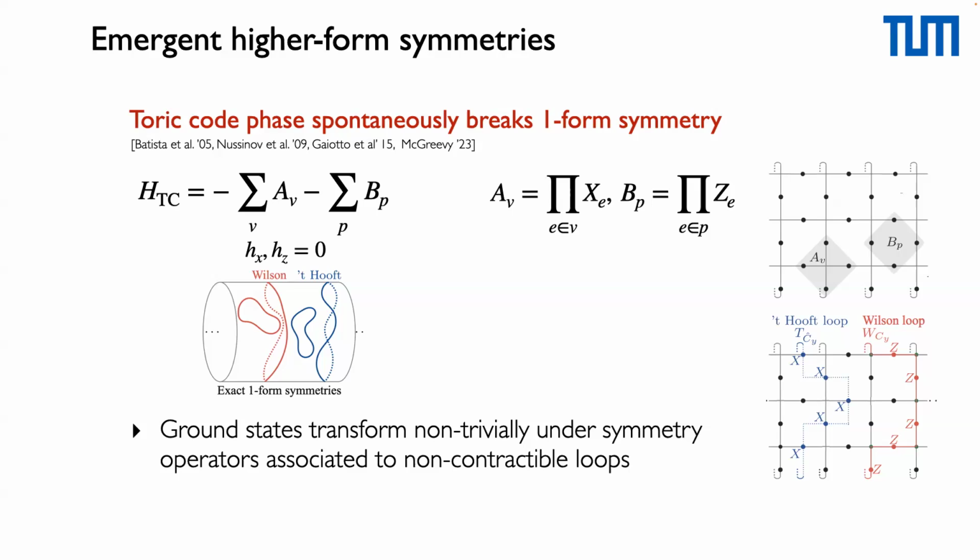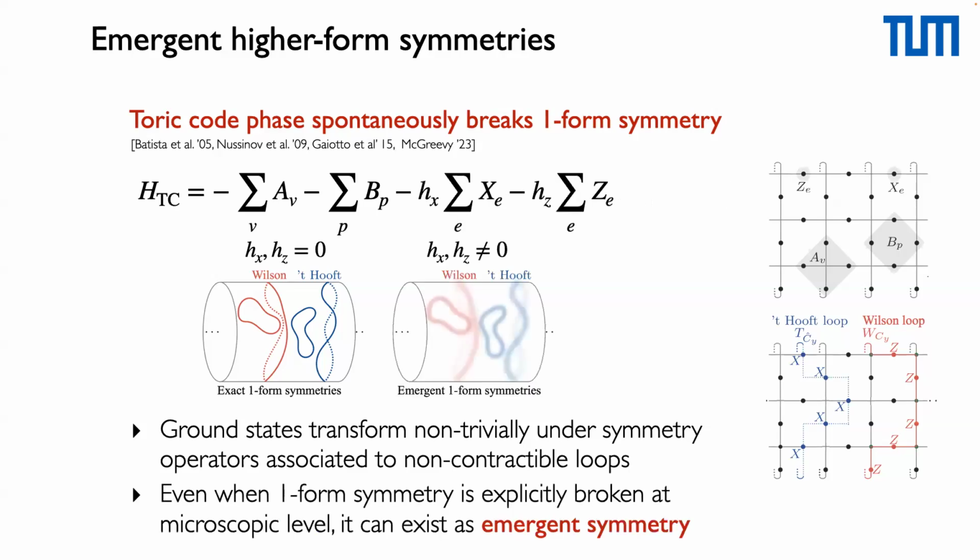And now there's something which I find quite striking, because we know that topological order is extremely robust. So if we detune the Hamiltonian, for example, if we add some longitudinal or transverse field to it, we expect the degeneracy to still be robust. It's the topological degeneracy, so it should be robust.